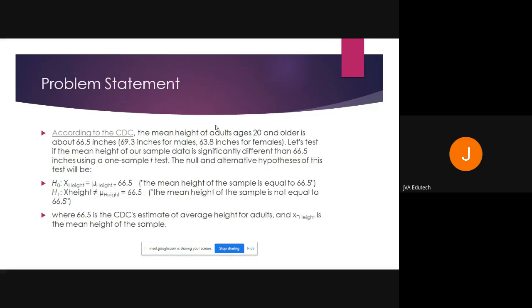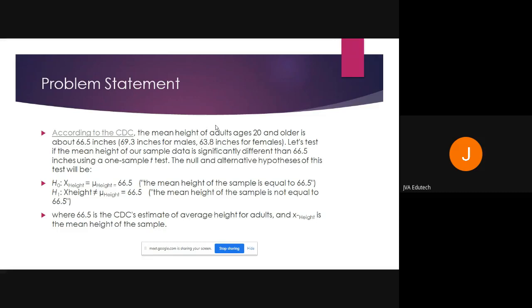So if I talk of the case or problem statement, the CDC, Center for Disease Control, has conducted a survey, and from their result they have said that the mean height of adults aged 20 and older is about 66.5 inches. And if we divide them into male and female, then it stands as 69.3 inches for males and 63.8 inches for females.